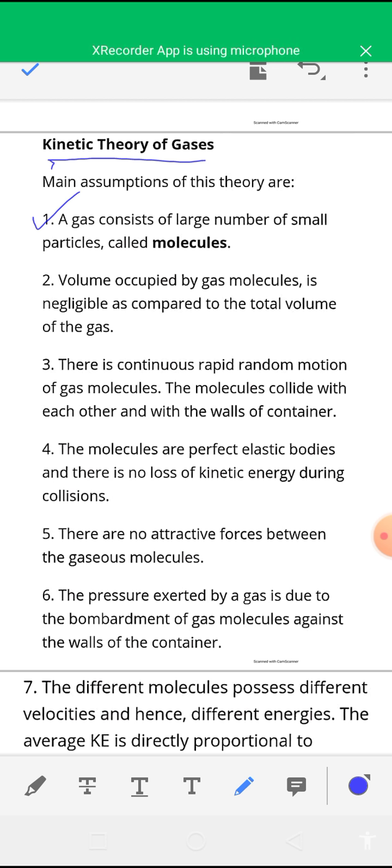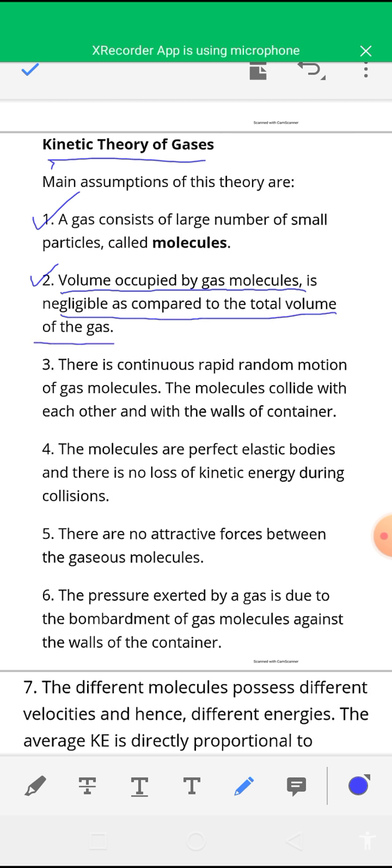Second, the volume occupied by a gas molecule is negligible as compared to the total volume of the gas. Here each gas molecule is considered as a point.